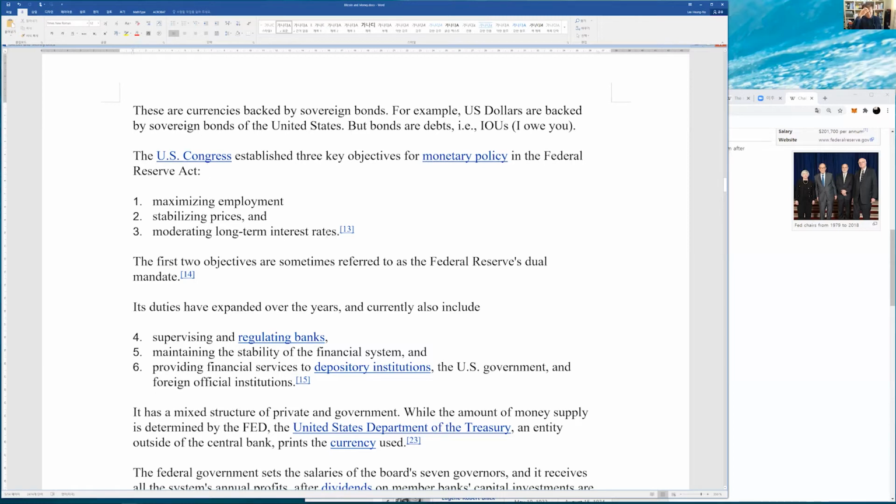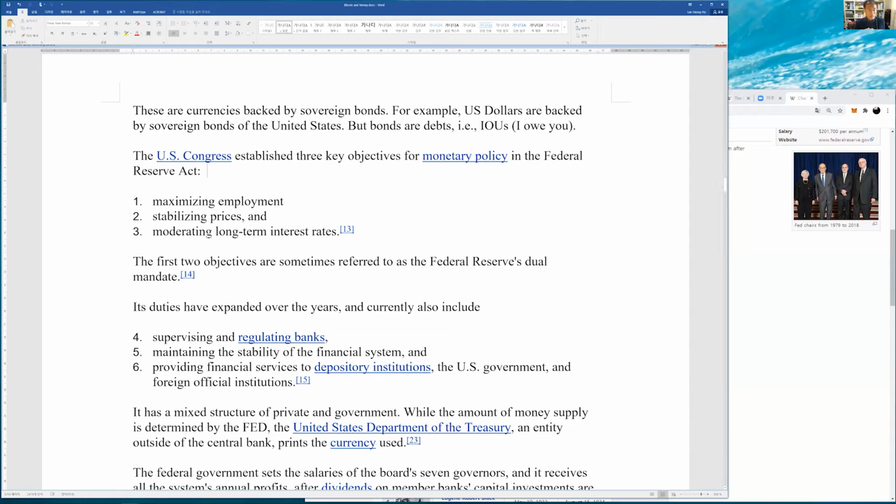So basically, the Fed utilizes the tool of moderating interest rates, and they can use this tool to stimulate the economy, or they can downsize the stimulation.